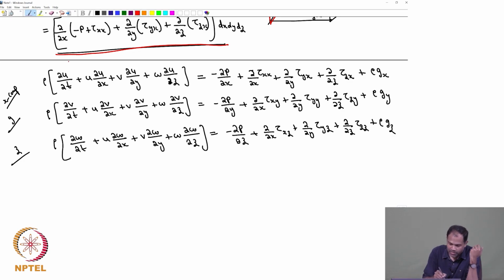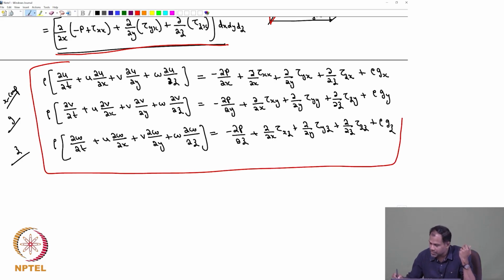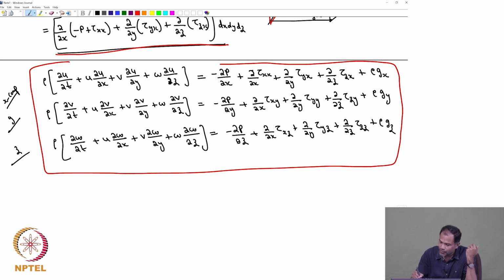Okay, so this is the equation of linear momentum written for the fluid element in the Euler frame of reference.